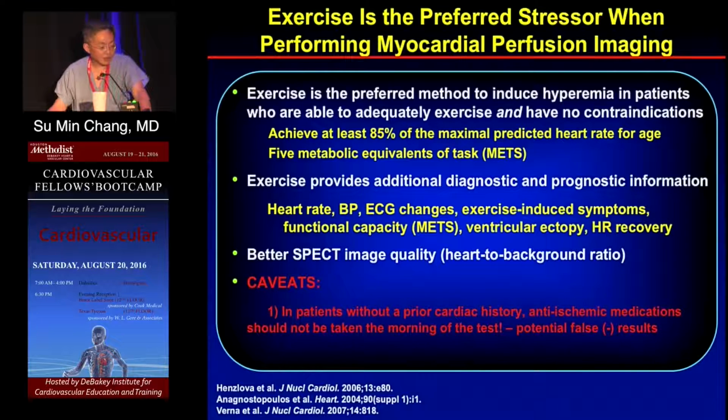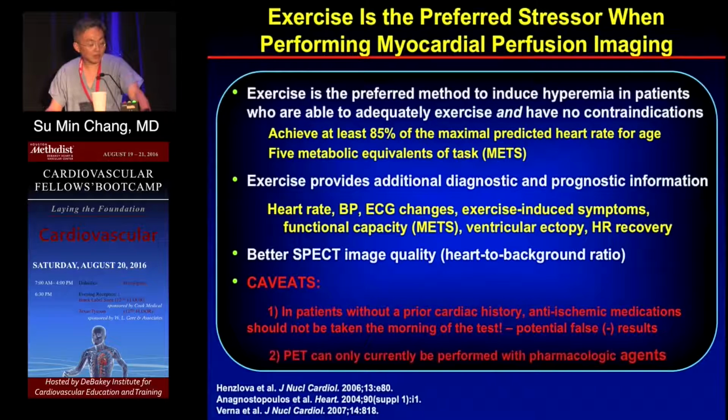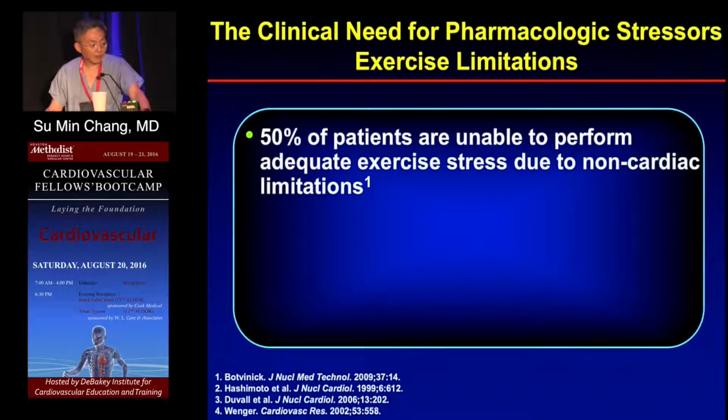The caveat is you need to be able to exercise to the amount that you want, and also medication can affect the diagnostic accuracy of the testing, especially anti-ischemic medications such as nitrates, calcium channel blockers, and beta blockers. Okay.